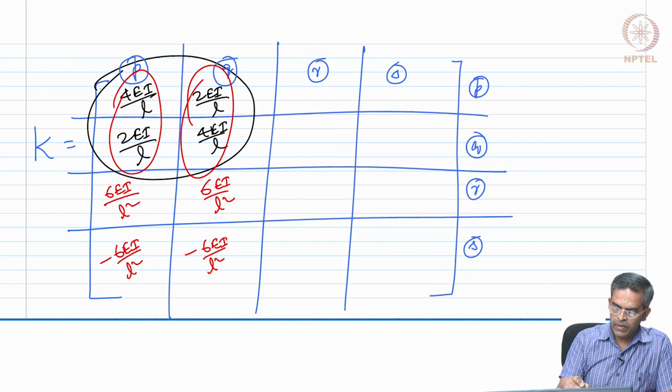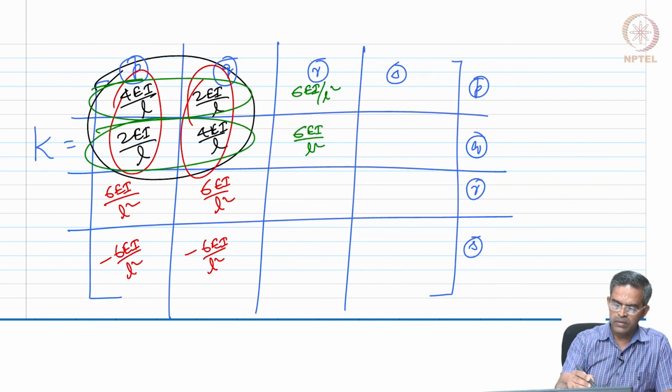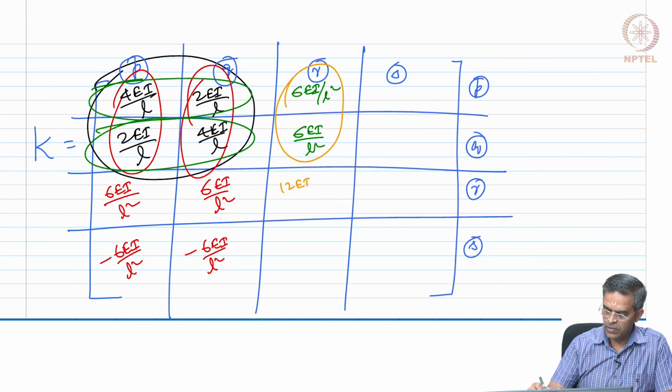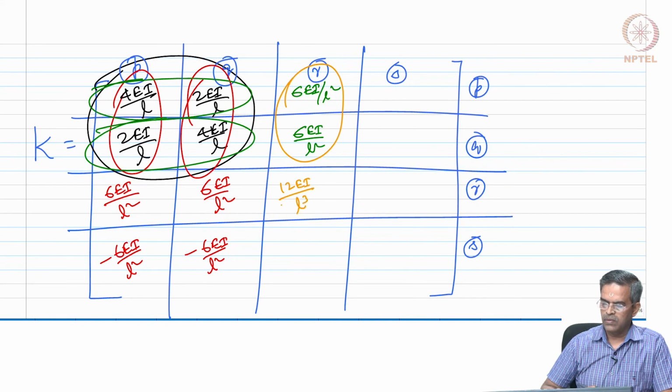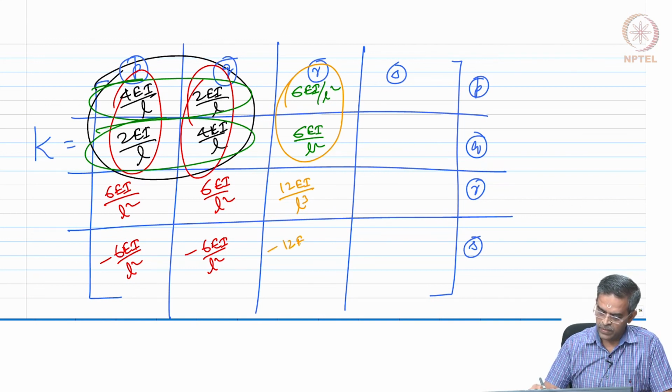Then sum of these two by L, sum of these two by L, then sum of these two by L, then minus of that.